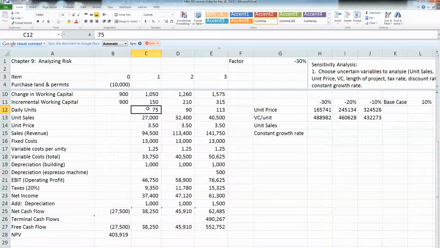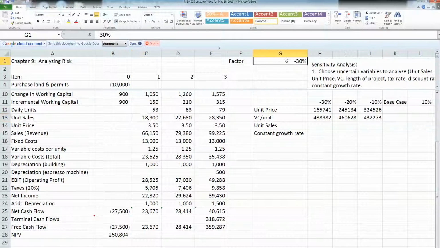It doesn't matter if I do it on a daily basis or an annual basis, so I will choose the daily one. I'm setting an equation. I'm going to start with daily sales, 75 units, and multiply by 1 plus that factor in G1. So if sales are 30% less, they wouldn't be 75 units a day, they'd be 53 units a day.